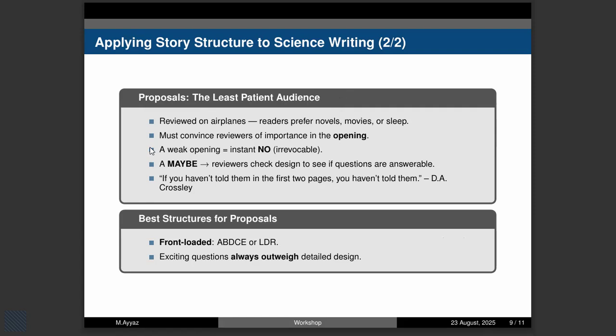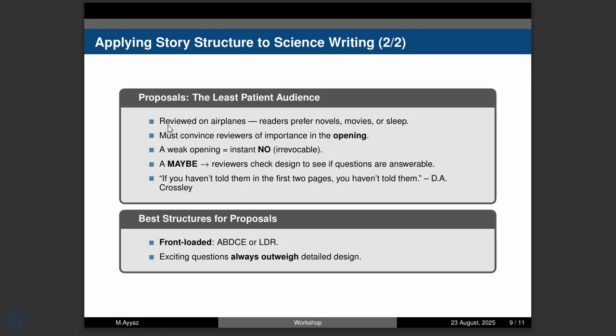So proposals are reviewed by the editors or the people that are working for the research grant agencies, and these people usually read these research proposals like in airplanes, where we prefer to read novels and watch movies or sleep.